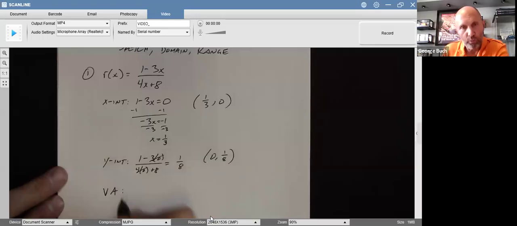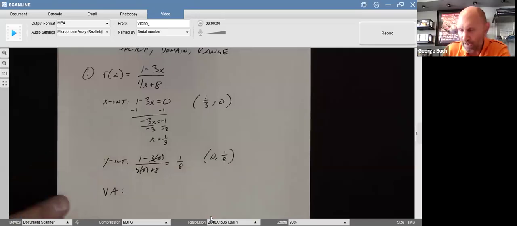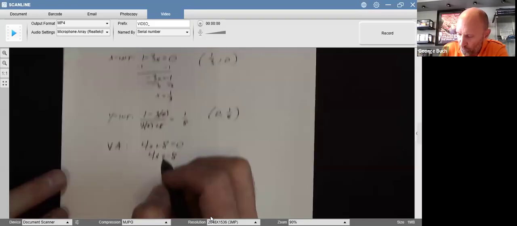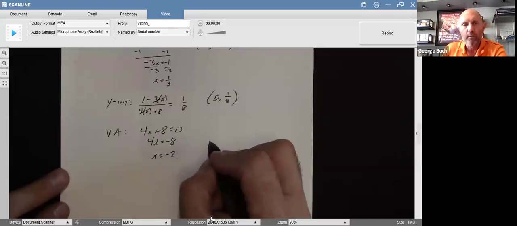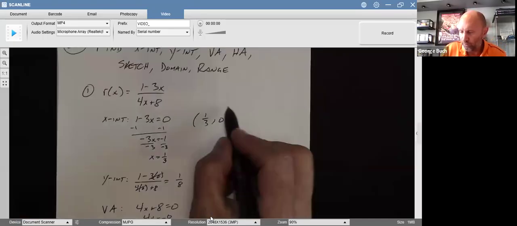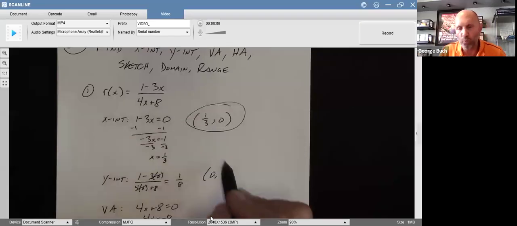Vertical asymptote, we do what? We set the denominator, 4x plus 8, equal to 0. So 4x equals negative 8, x equals negative 2. And you'll notice that's how all of these I have to format. So x-intercept we format as a point.